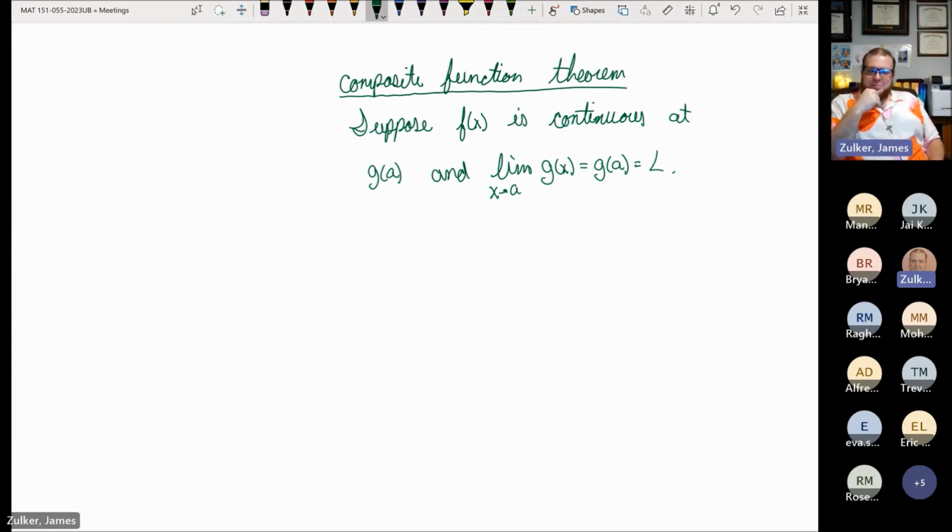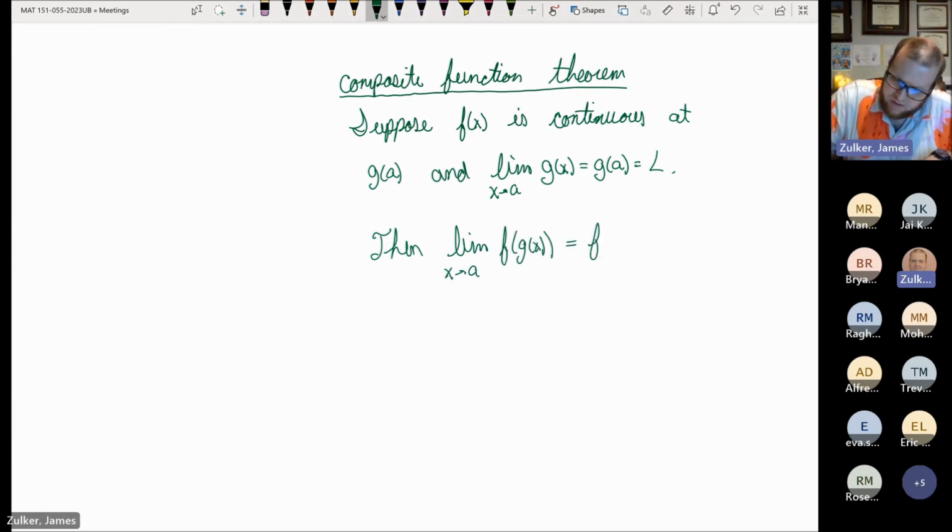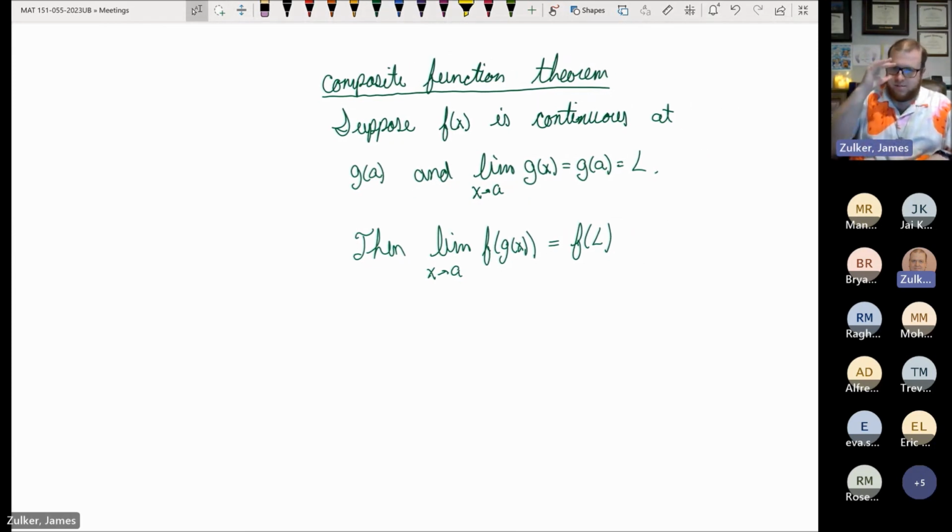And we're also going to say that the limit as x approaches a of g of x is g of a, which equals L. Then the limit as x approaches a of f of g of x is equal to f of L. With this, we can do direct substitution regardless of the function, as long as it's continuous at g of a. This is very useful.